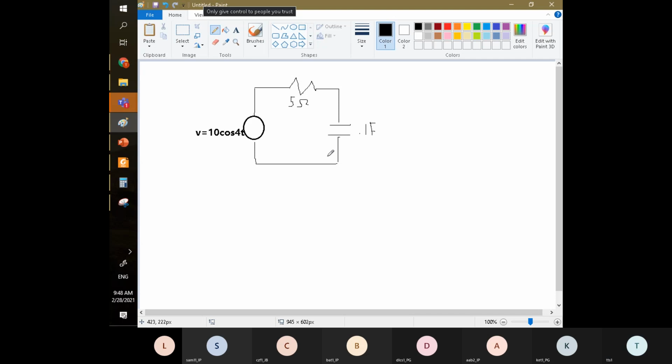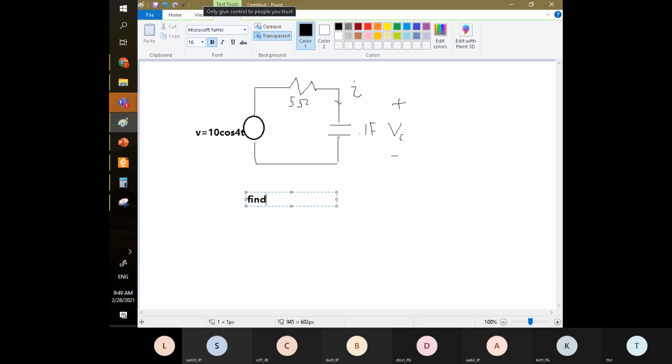Find this voltage VC, the capacitor voltage, and this current. Find VC and the current. Okay, you try. Later I show the solution.